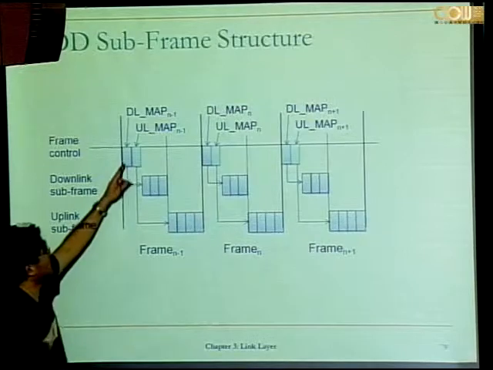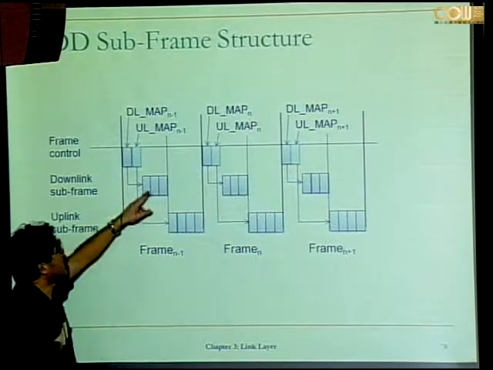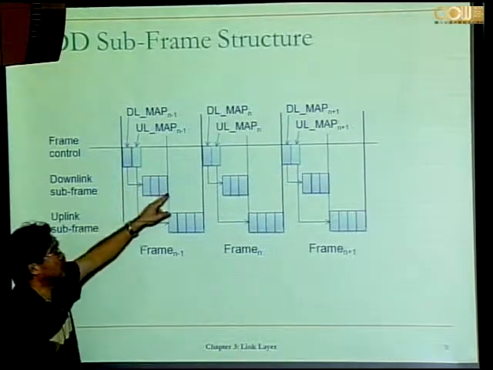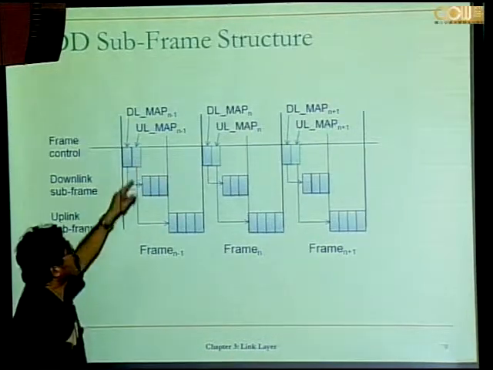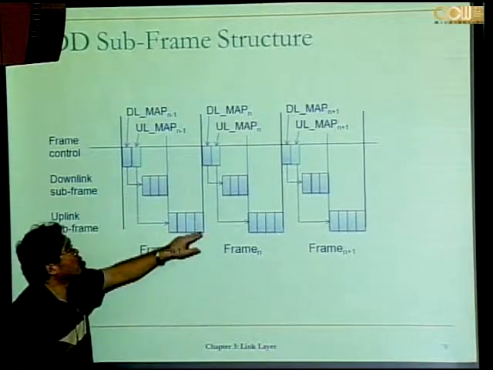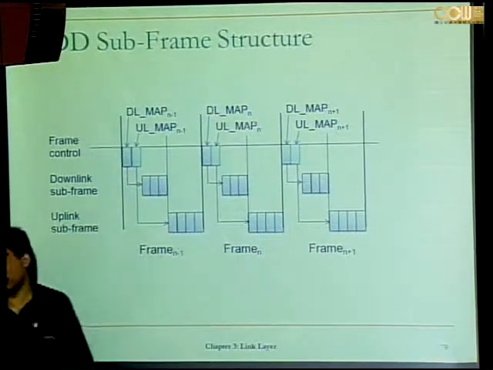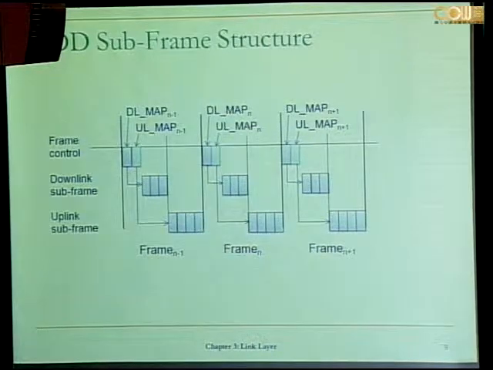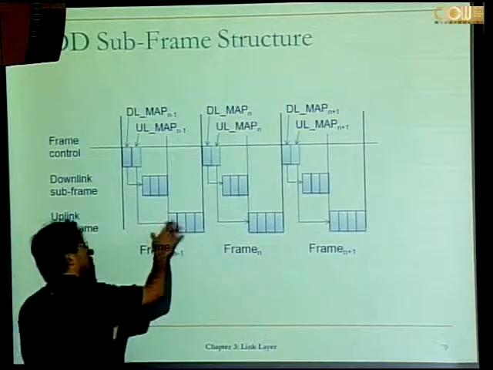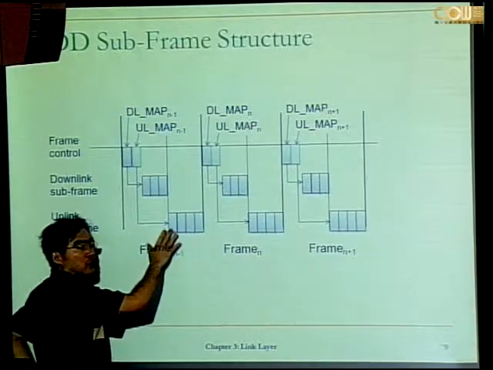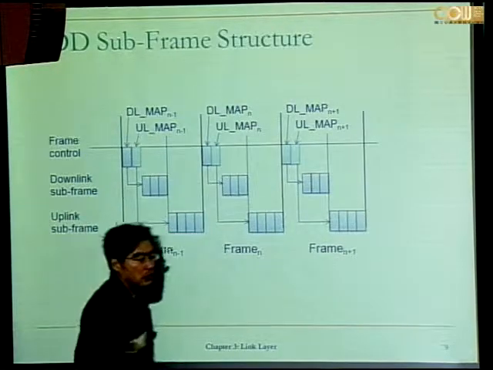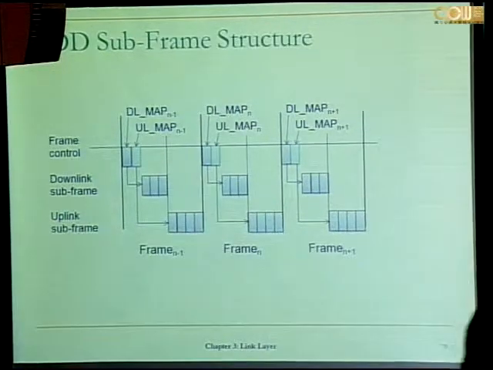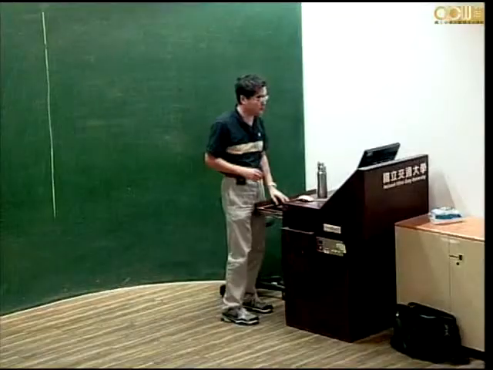So I'm specifying here about the data sent on the downlink slot. And I'm also describing here, within the uplink slot, which slot has been used and which slot is open to access. So perhaps I would specify some slots are being occupied or reserved for some mobile station, and some are open for access, for competition.